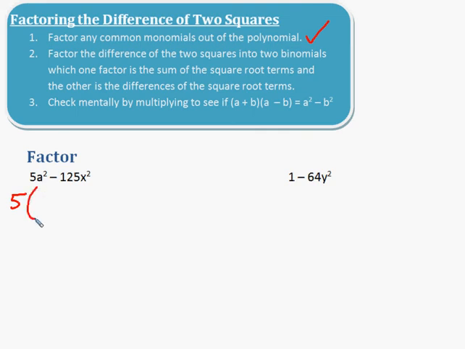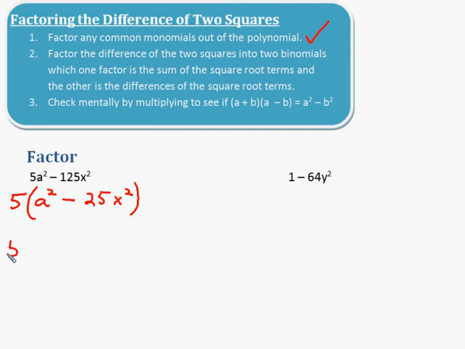Factoring out a 5, 5a squared divided by 5 is just a squared. 125x squared divided by 5 is 25x squared. That is what we learned in the last lesson. But now we want to see if we can factor further.